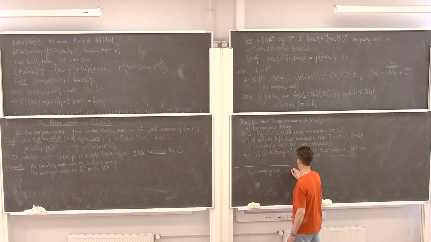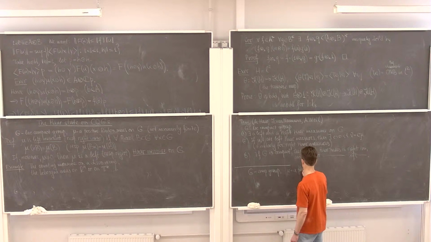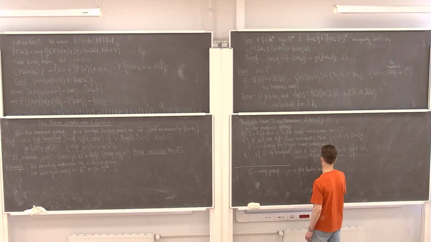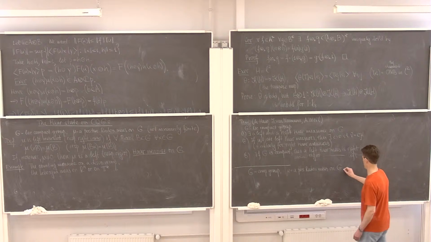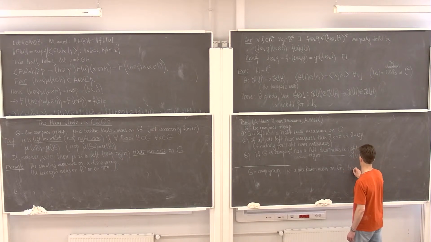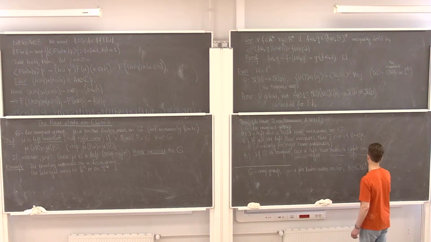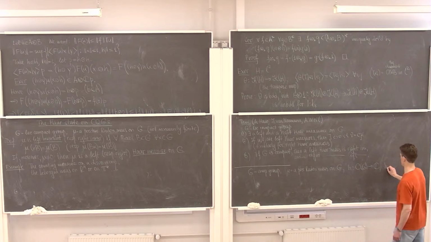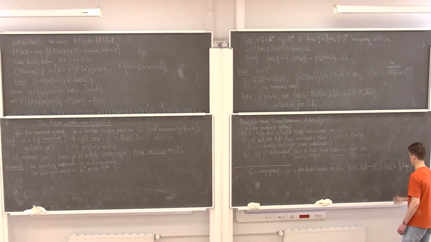Suppose that mu is a positive Radon measure on G. And we define a linear functional h on C(G) to be the integration with respect to mu. So let's try to interpret the left invariance of mu in terms of a suitable property of h.